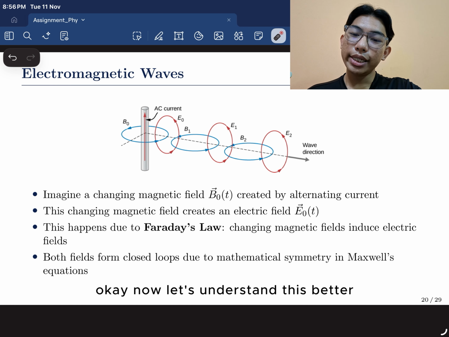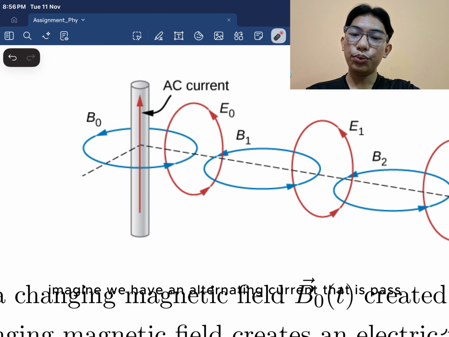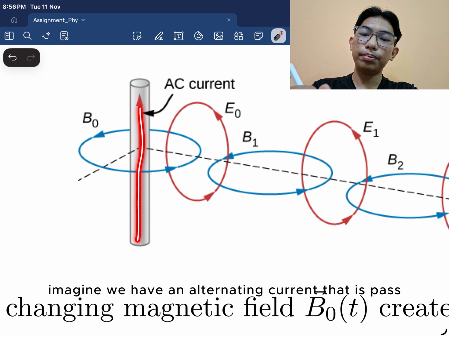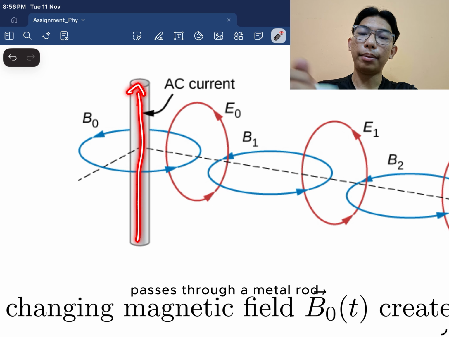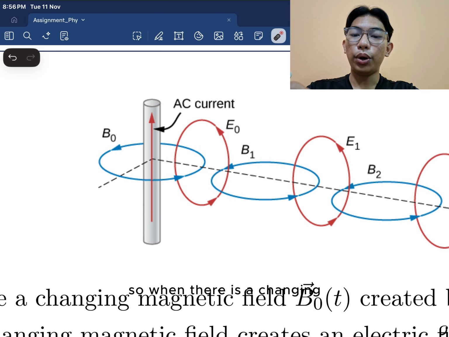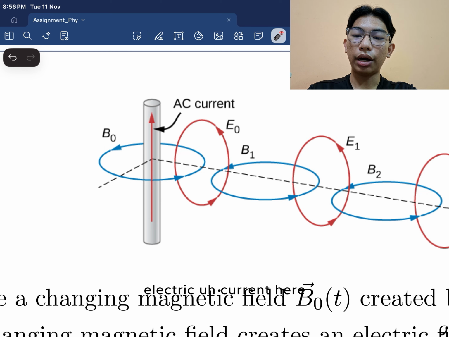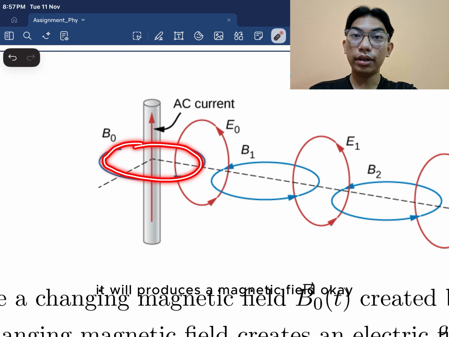Okay, now let's understand this better. Imagine we have an alternating current that passes through a metal rod. So when there is a changing current here, it will produce a magnetic field.